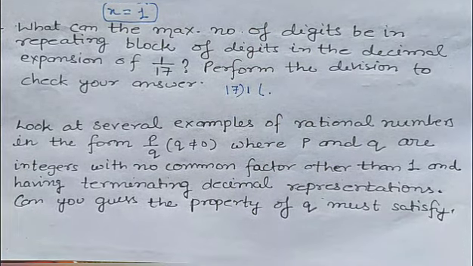Students, try to understand the meaning of this question. The meaning of this question is, firstly you have to observe the rational numbers which are terminating decimals. Okay, rational numbers which are terminating decimals. Then you have to observe what property the denominator has.